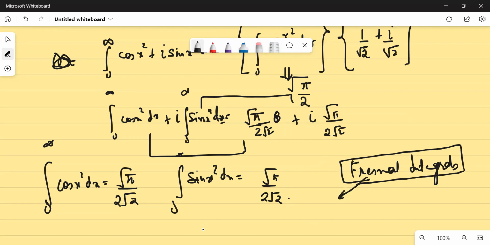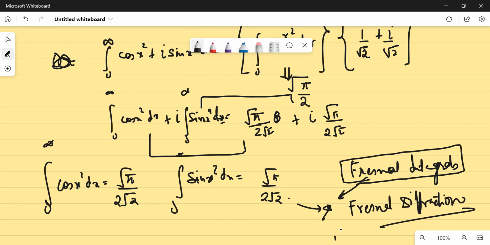But right now, because I am doing complex analysis, I have derived them. Basically, you'll find them in the Fresnel diffraction formula. So you will encounter this integration in optics. Is that clear to you?